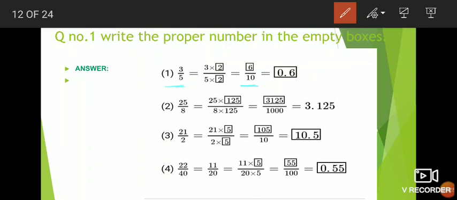Means in 5 table 10 is there at second place, that's why 5 2s are 10. Whatever we are multiplying to the denominator, the same number should be multiplied to the numerator. If we are multiplying 2 to the 5, then we have to multiply 2 with the 3 also, that is 5 2s are 10 and 3 2s are 6.